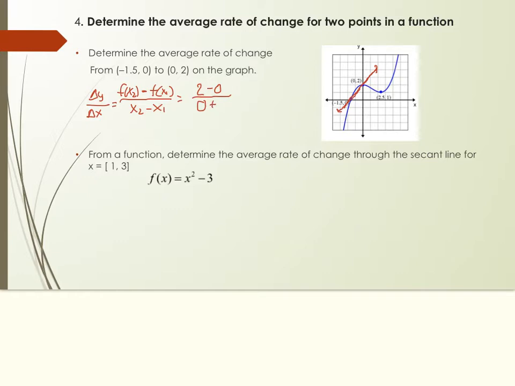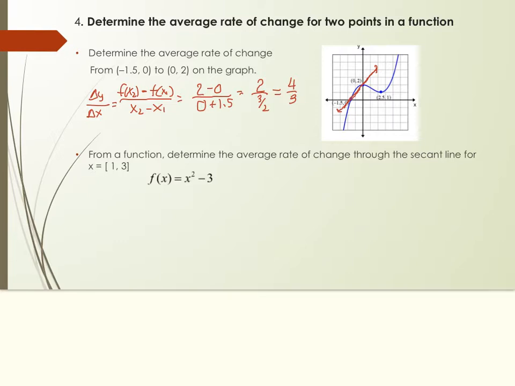Because a minus of a minus is plus 1.5. So when I do this, I'll get a 2 on top, and I'll get a 3/2 on the bottom, which is equal to 4/3, right? So the average rate of change for this particular secant line in red is 4/3.